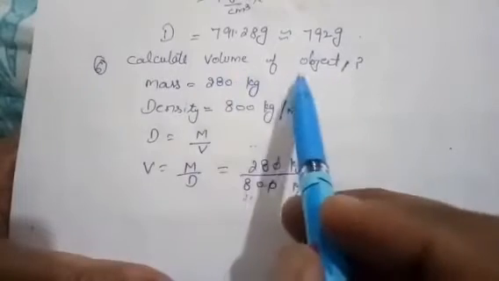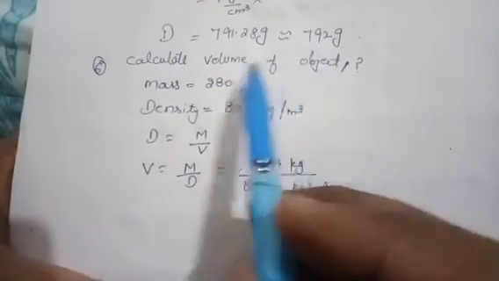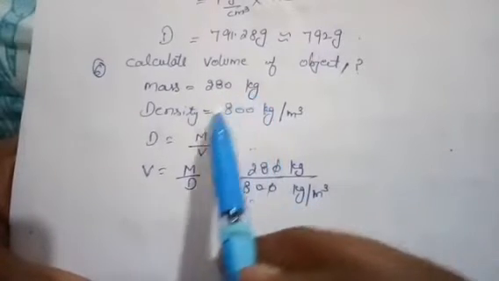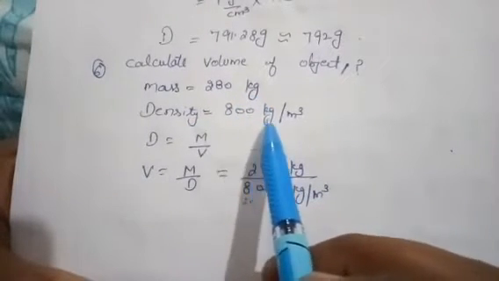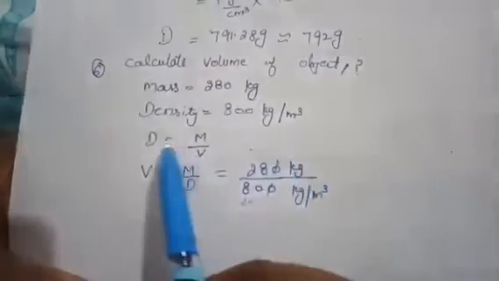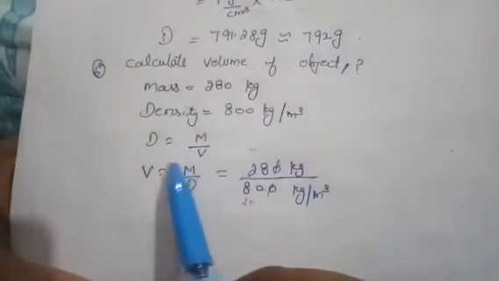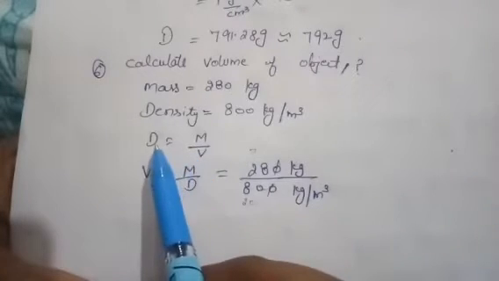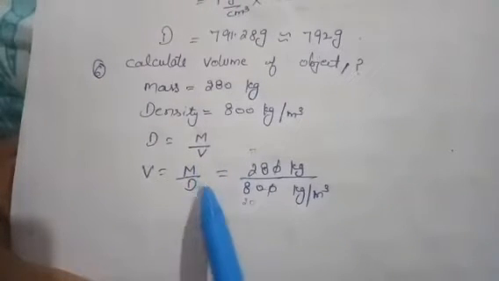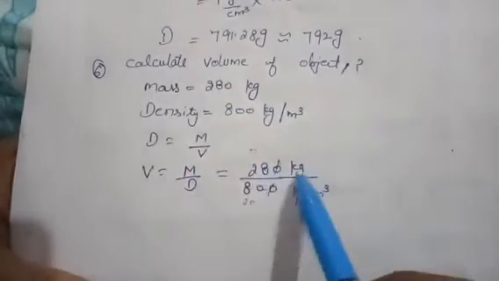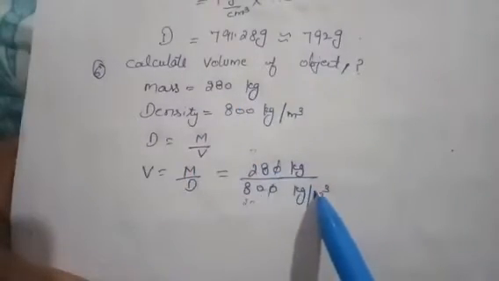So in numerical number 6, we have to calculate the volume of the object, that is the wooden object. They are giving the mass of the wooden object, 280 kilogram, and the density is 800 kilogram per meter cube. So as we know, density equals mass per unit volume, so cross multiply it, then volume will be equal to mass divided by density, and that will be equal to the value of the mass, that is 280 kilogram, over density 800 kilogram per meter cube.